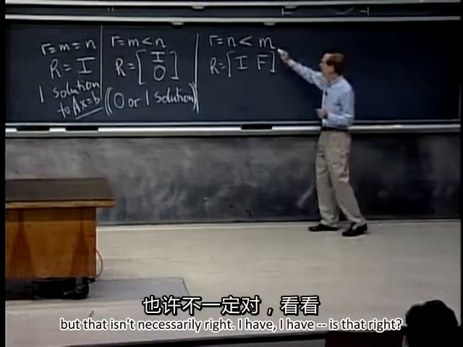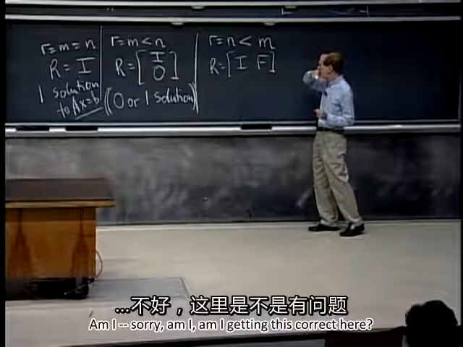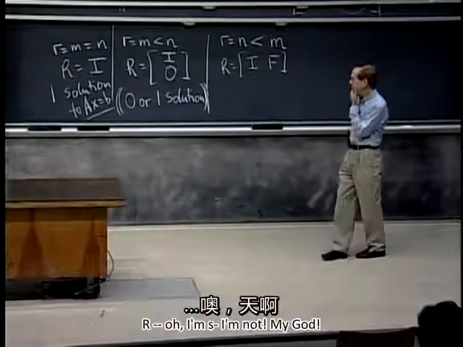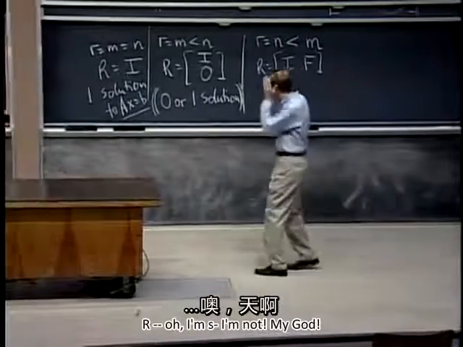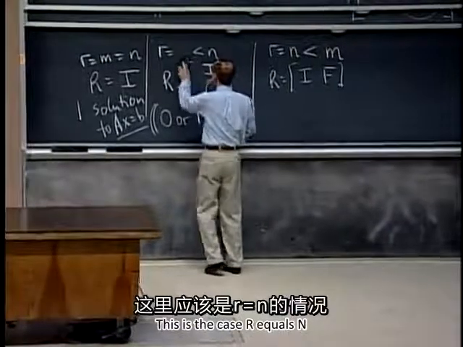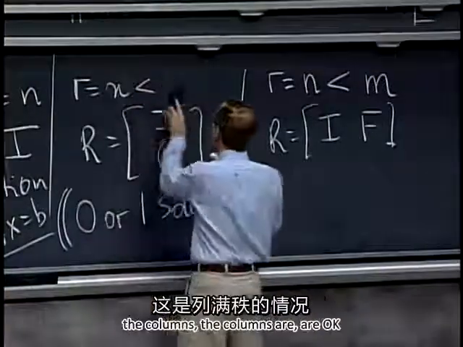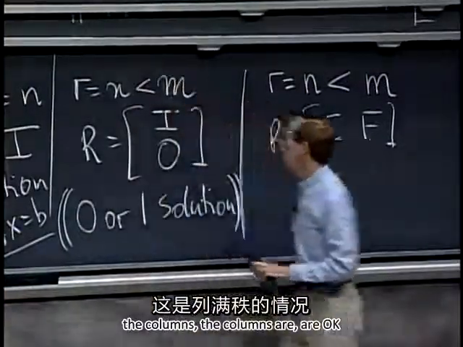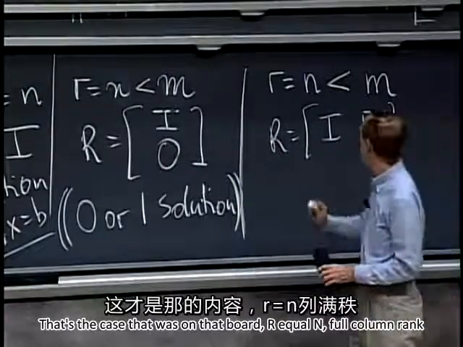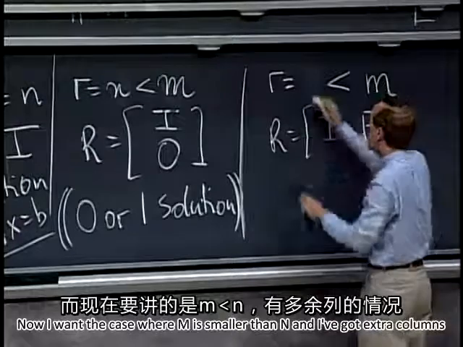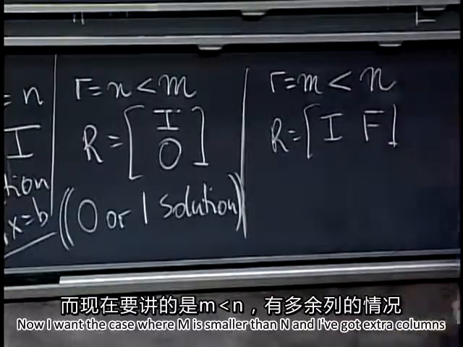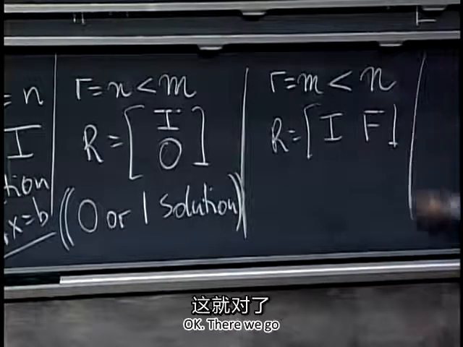Am I getting this correct here? My God. This is the case R equals N. The columns are okay. That's the case that was on that board, R equal N, full column rank. Now I want the case where M is smaller than N, and I've got extra columns. Okay, there we go.